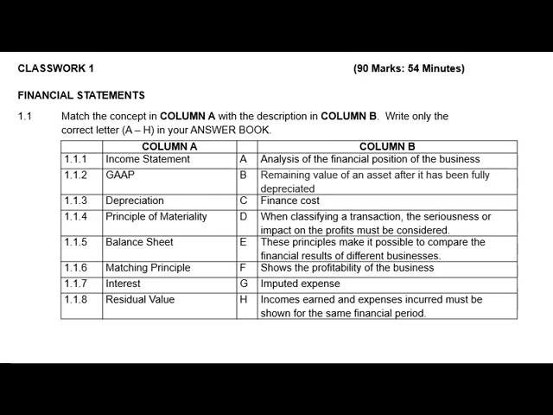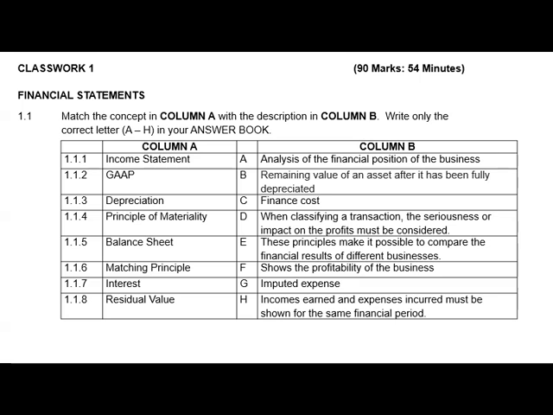All right, GAAP will be E. These are principles that make it possible to compare financial results of different businesses. And depreciation is an imputed expense. It's a non-cash expense. Basically, we just have to use estimates to calculate depreciation. Principle of materiality, it's about the value, and that's D.